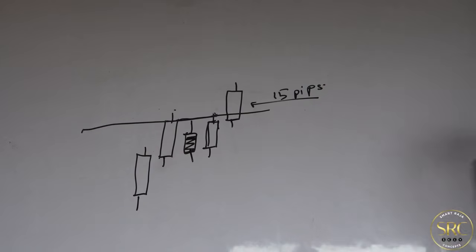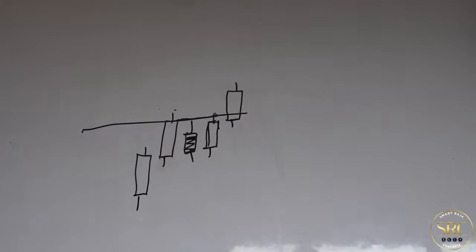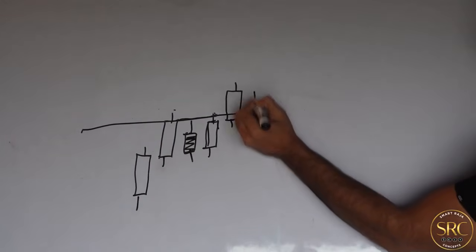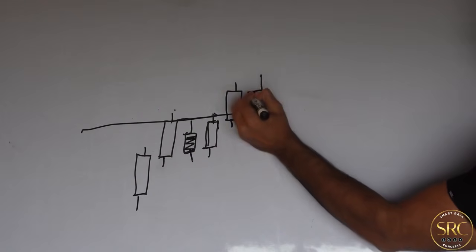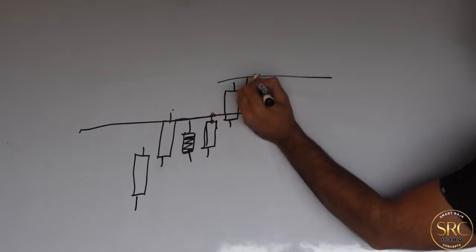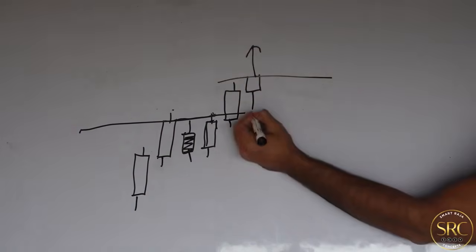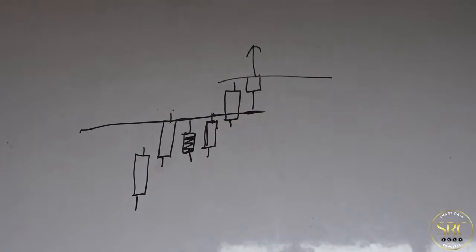Then I'm going to be waiting for the next candle to probably make a lower wick. If the next candle makes a lower wick and starts to break the high, I'm going to be willing to take an impulse entry for the candle to possibly continue up. And you all know where the stop is going to be, right? The stop is going to be below this current candle that breaks the high.